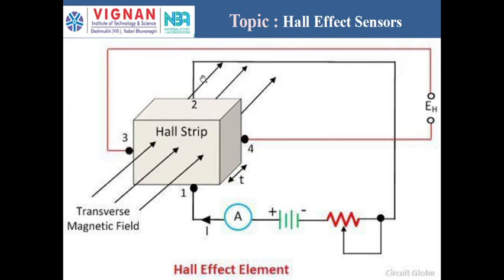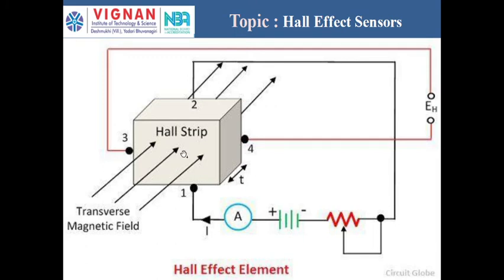If you consider this diagram, let us consider a current is passed through leads 1 and 2 of the strip. The output leads are connected to the edges 3 and 4. The output leads are at the same potential when there is no transverse magnetic field passing through the strip.